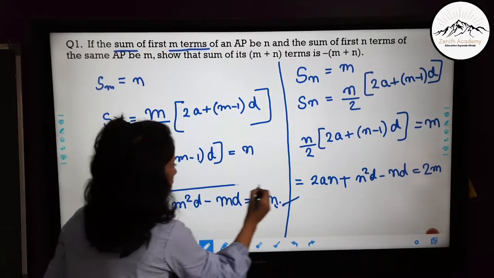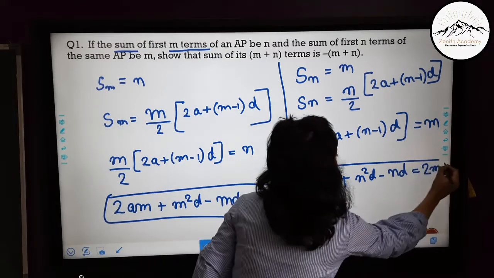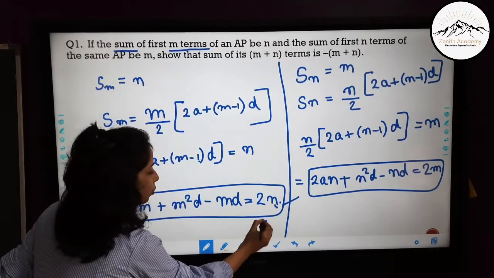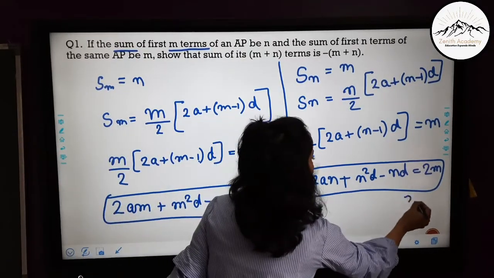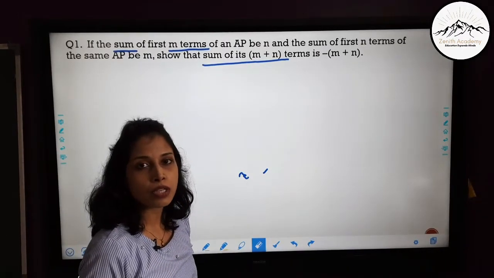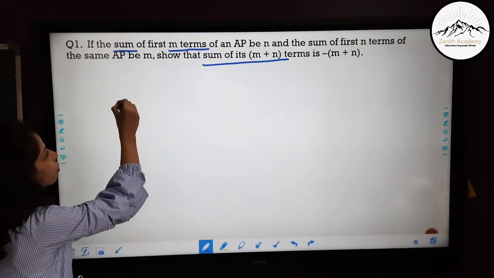Now this is our one equation and this is another equation. Let's mark it as 1 and this as 2. What operations can we perform on these algebraic equations so that we get only m and n as the answer? Let's see.